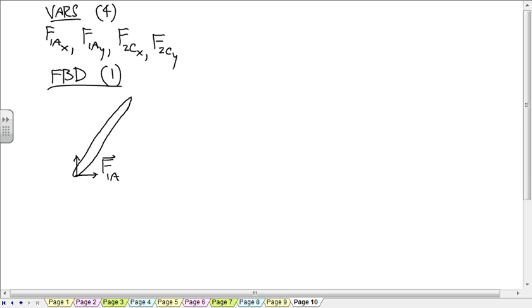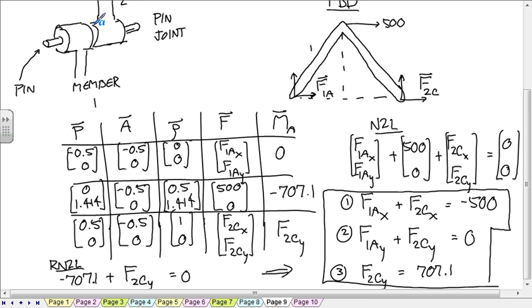Okay. And notice how I drew this gap between these 2 members. We're going to assume that these members touch the pin, but they don't touch each other. Okay. So there's no force vector applied to member 1 by member 2. But there is a force vector applied to member 1 by the pin.